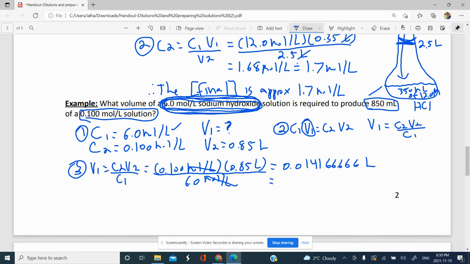So you could say times 1,000, 14.16666667 milliliters, or to the proper number of sig figs, which is 2, 14 milliliters.